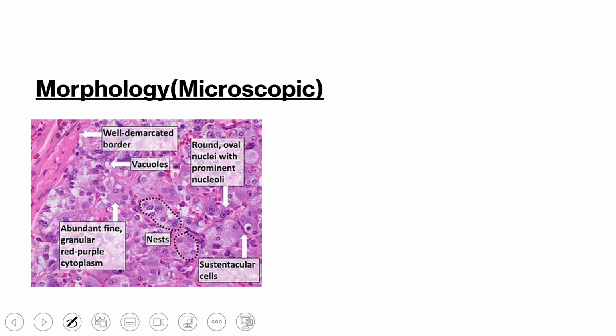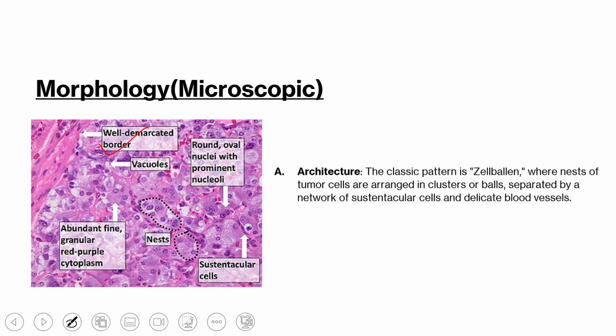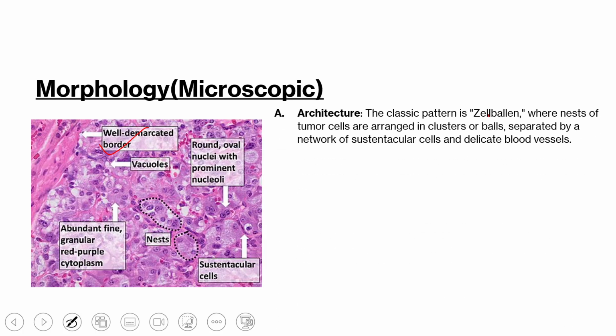Next we see the microscopic features of pheochromocytoma. First, we can appreciate a well demarcated border and various other features like sustentacular cells and zellballen nest-like patterns, arranged in clusters or balls.